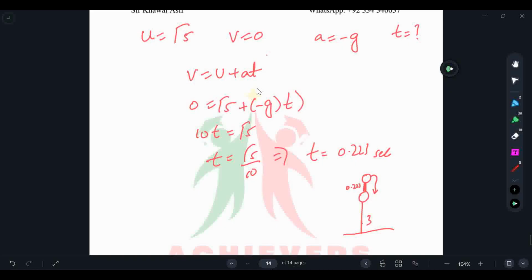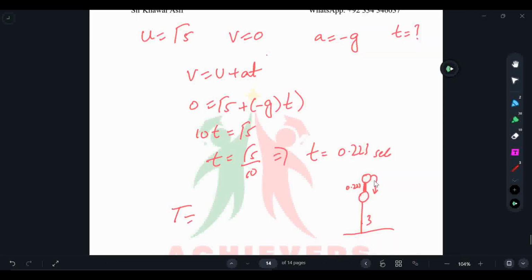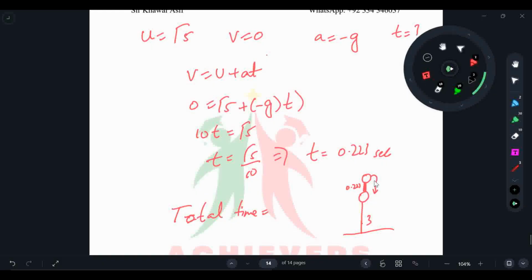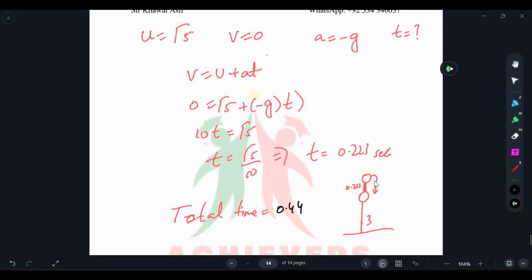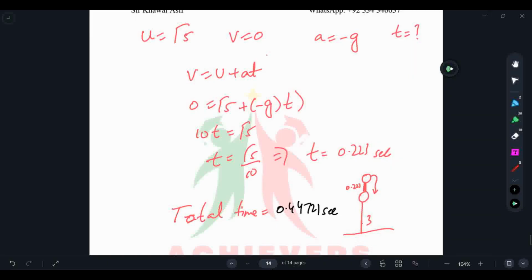So at least means greater than 0.25, so we have to multiply it by 2, because the return time is also included. This will be 0.4471. So the total time will be 0.44721 seconds. This will be the final answer.